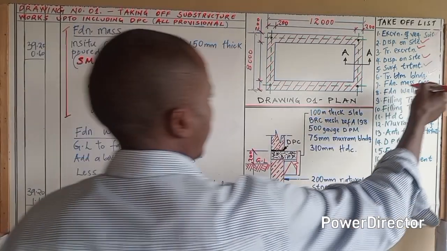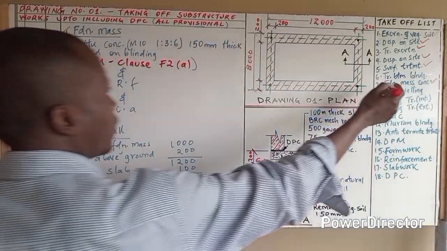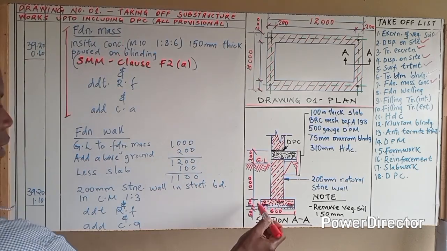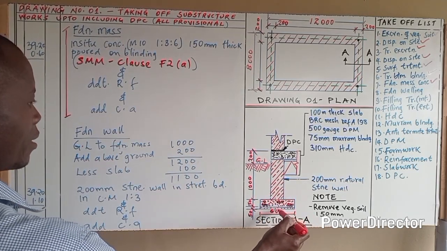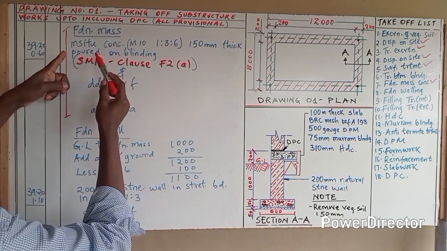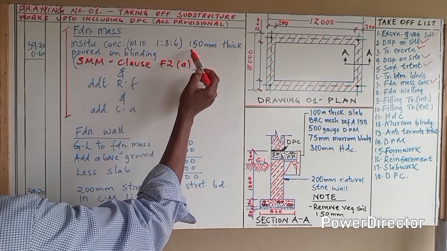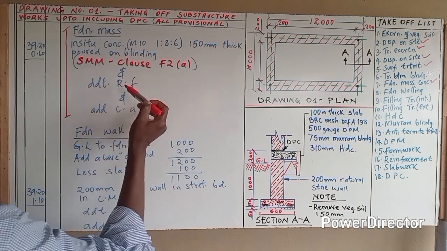So now let us move to the seventh heading. Now this one, that is the foundation mass concrete. So foundation mass concrete, that is this one above the blinding, will be done in situ concrete class M10, and it is 150 millimeters thick, poured on blinding.